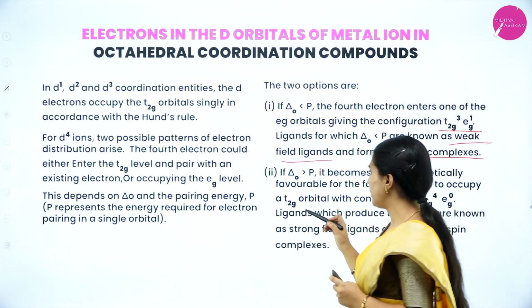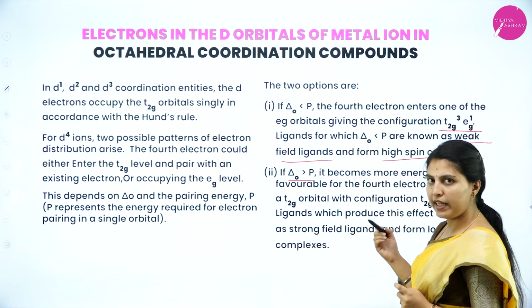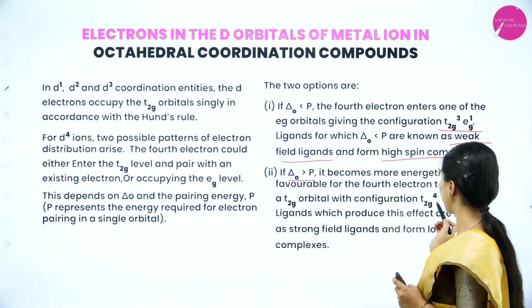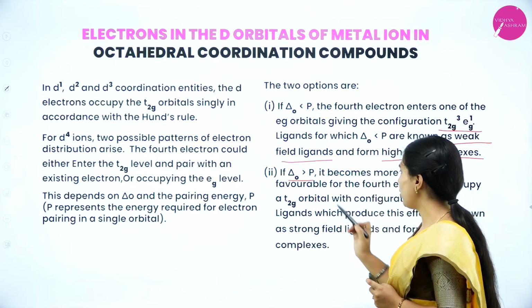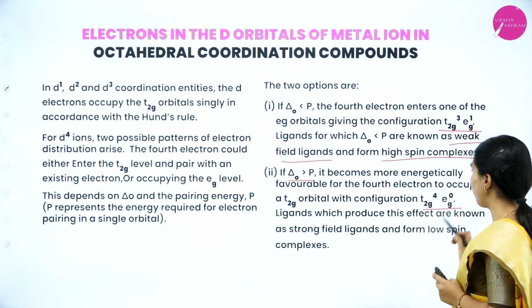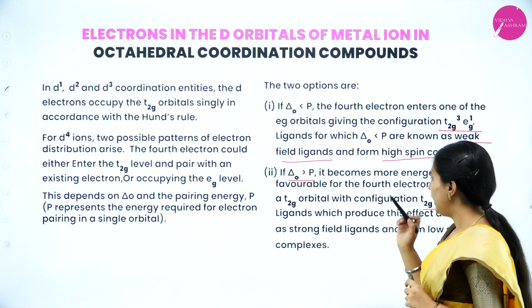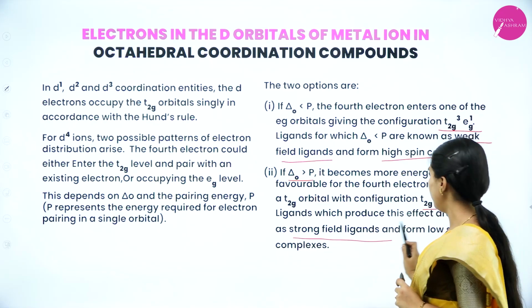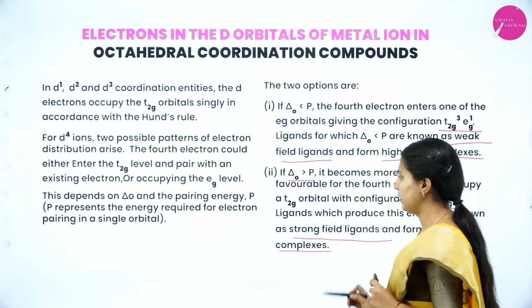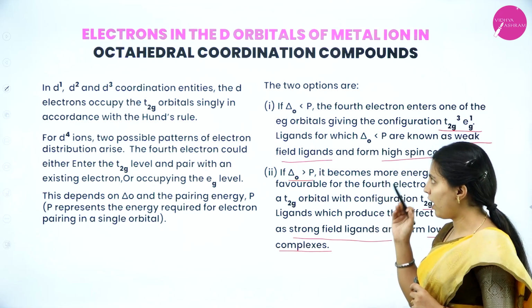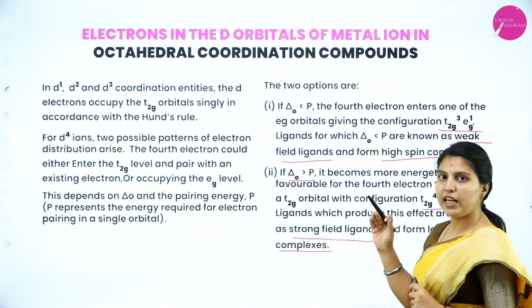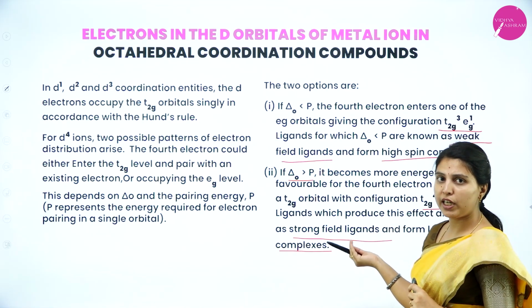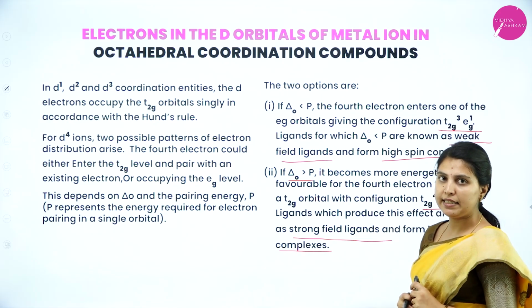In the other contrasting case, if delta naught is greater than pairing energy, it becomes more energetically favorable for the fourth electron to occupy the T2g orbital with configuration T2g4 Eg0. Ligands which produce this are known as strong field ligands and form low spin complexes. These are the two cases which you have to understand: where the d4 electron will occupy, and if it occupies, what configuration and what kind of complexes will be seen.